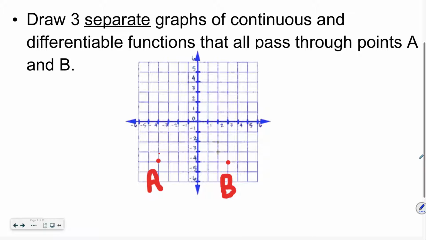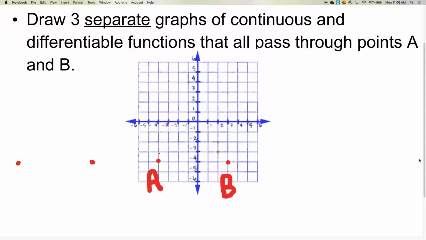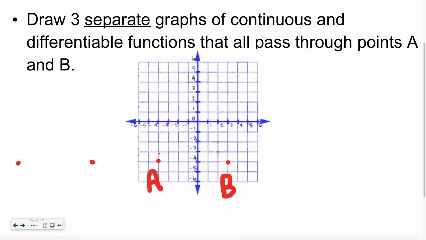All right. Eli, show me one of your graphs.